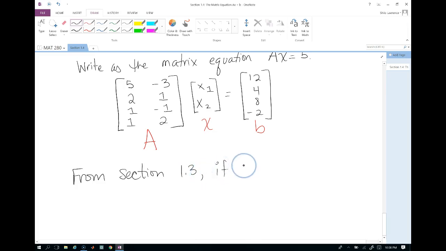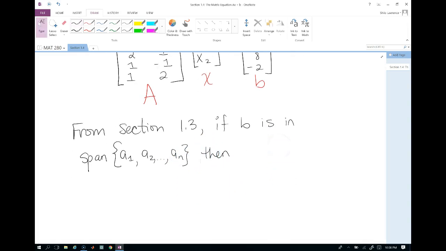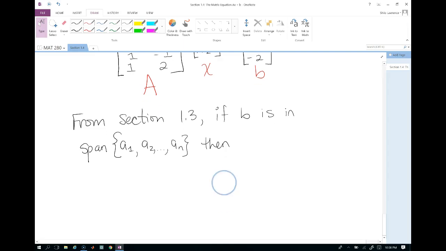We said if B is in the span of A1, A2, all the way out to AN, then we should be able to write that out as a vector equation, and we could consolidate it down to this matrix equation, AX equals B.